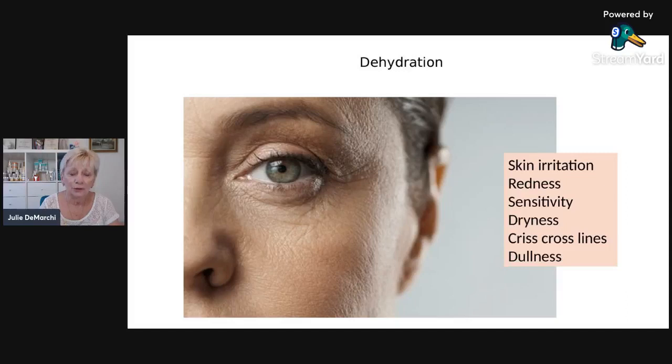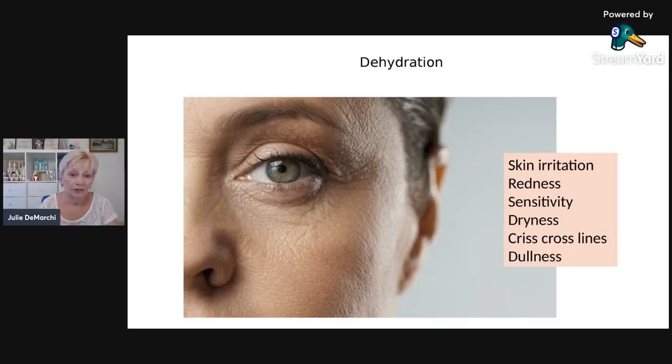So it's really important to keep the moisture up in your skin. As I said, drink plenty of fluid like water, because your skin is 80% water. So you need to keep the water up to it. Also use a good quality moisturizer that's going to put moisture in.